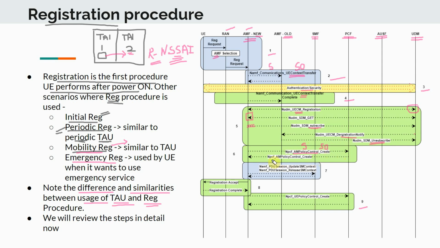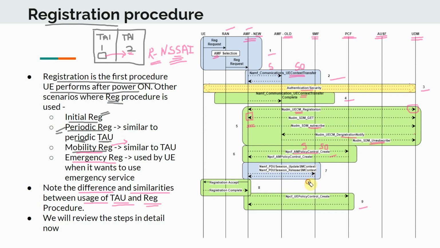And then it sends a request, gets a response, and then at that point, the AMF also selects the SMF, the session management function, and uses the service PDU session and the service operation update SM context or release SM context. And at that point, the SMF has been selected.